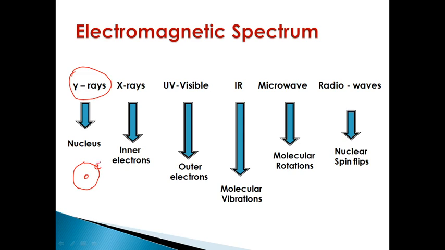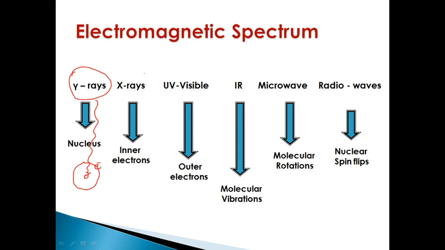Gamma ray is highly energetic radiation, so it has the ability to penetrate towards the nucleus of an atom. This study is discussed in the case of Mossbauer spectroscopy.